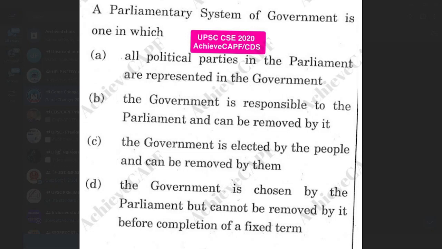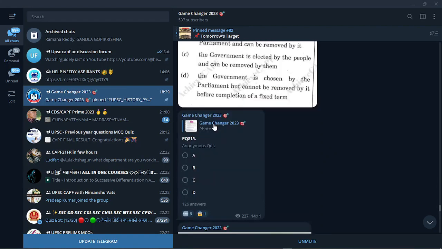B. The government is responsible to the parliament and can be removed by it. B is the answer.